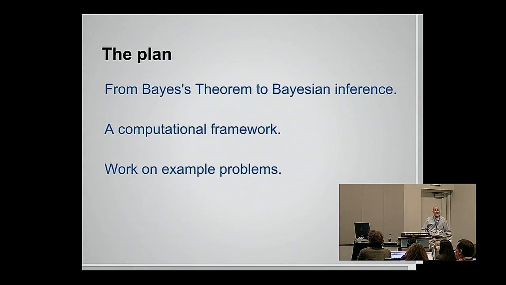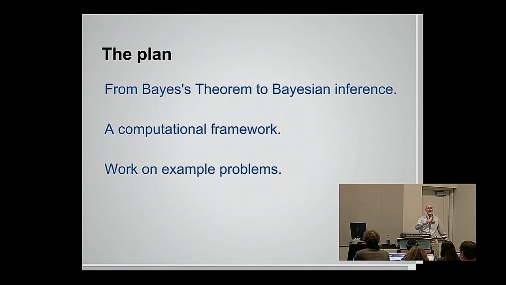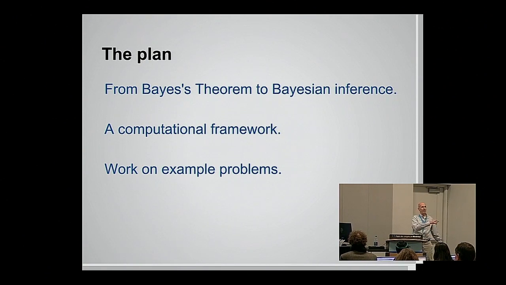So the plan for today, I'm going to start out with Bayes' theorem. I'm going to do a straightforward derivation of where Bayes' theorem comes from and explain what it means and how it's used. We'll use that to build up Bayesian statistics, and from there, Bayesian inference. Part of the approach that I'm taking is computational. So we're going to do a little bit of math at the beginning to derive Bayes' theorem, and then everything after that is computational.